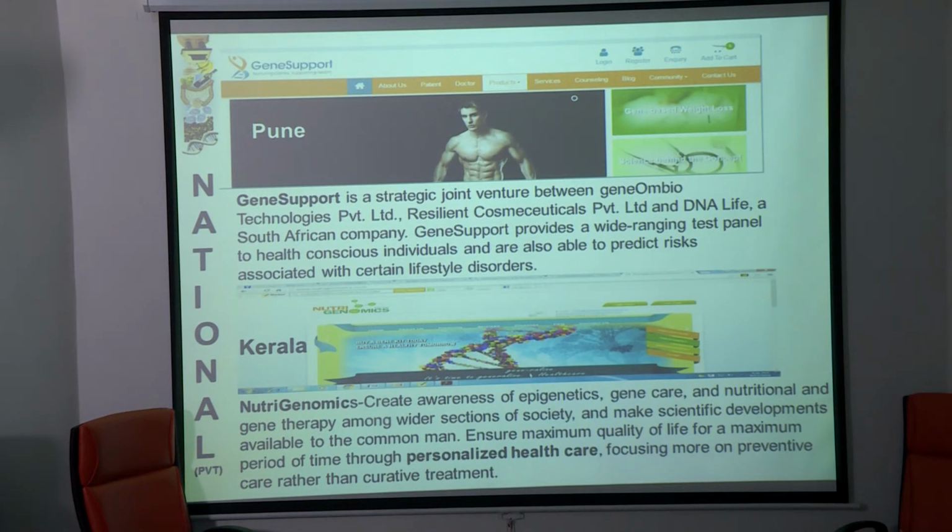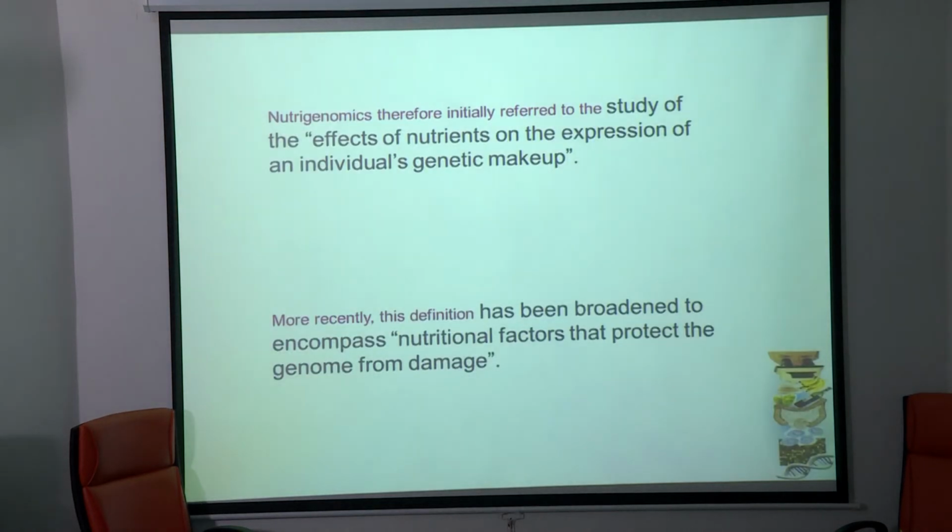You just capture it right from the beginning rather than start treating it later with medicines. So the definition of nutrigenomics, which started with the study of effects of nutrients on the expression of individual genetic makeup, has now become more broad. Here now we can say nutritional factors that protect the genome from damage.